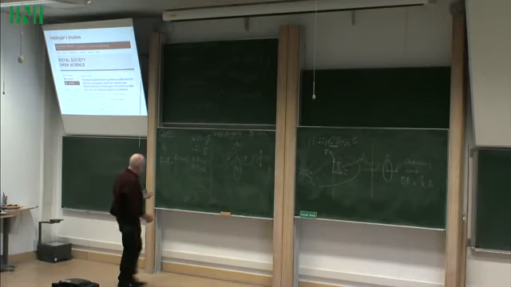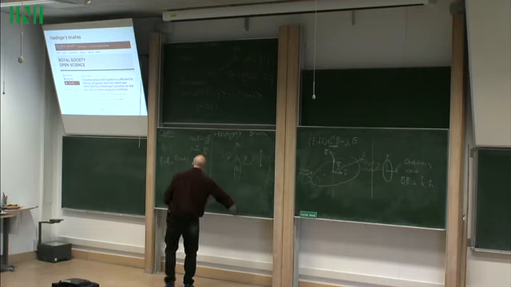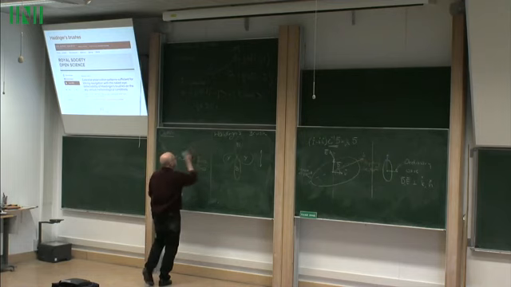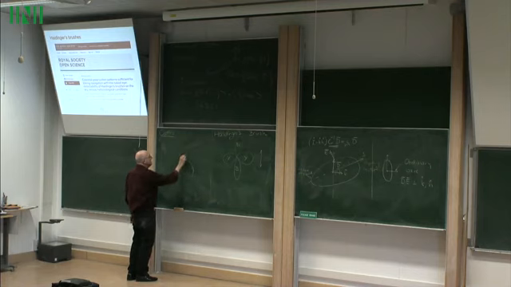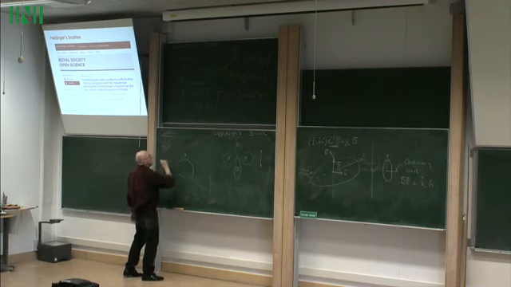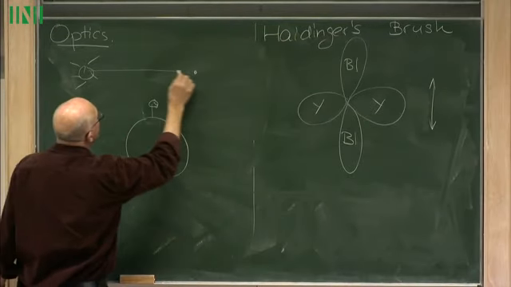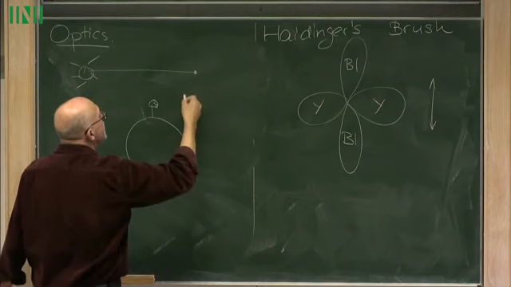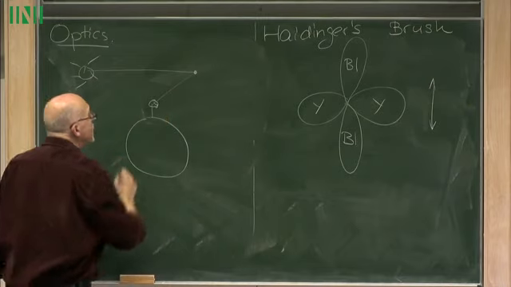And of course it's a useful thing, because, so this is the Earth, and this is you standing here, looking at the sky at some point, and the sun is somewhere. When you see light from the sky, that light came from the sun and was scattered, probably by density fluctuations, and what you see is the scattered light.